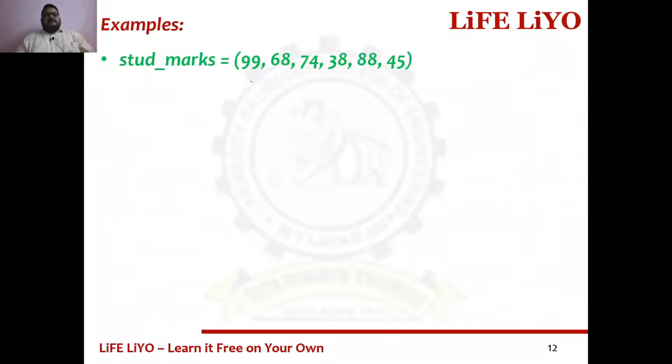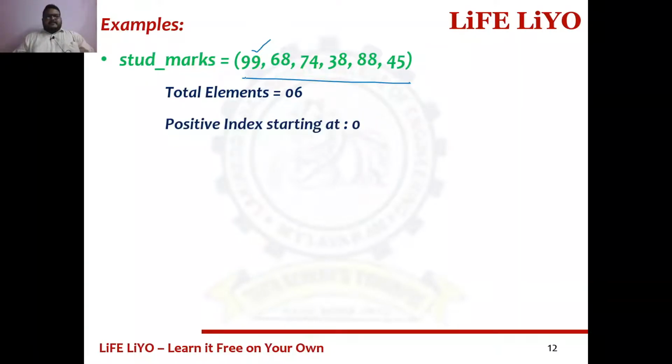Let us assume the student marks as a tuple: 99, 68, 74, 38, 88, 45. The total length is 6 elements. Index starts at 0, 1, 2, 3, 4, 5. So the positive index starts at 0 and ends at 5.